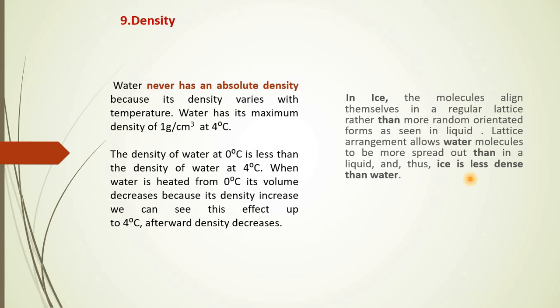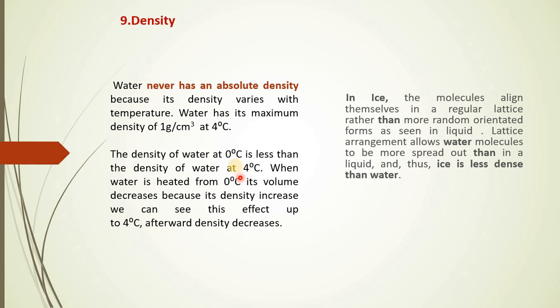Now comes the density. Density is not an absolute value with reference to water. This is because at different levels with different change in temperature, the variation in the density can be observed. The maximum density of water at 4 degrees Celsius is observed as 1 gram per cubic centimeter.